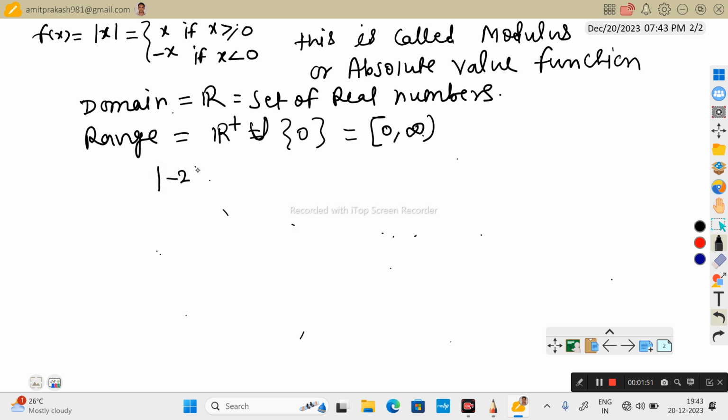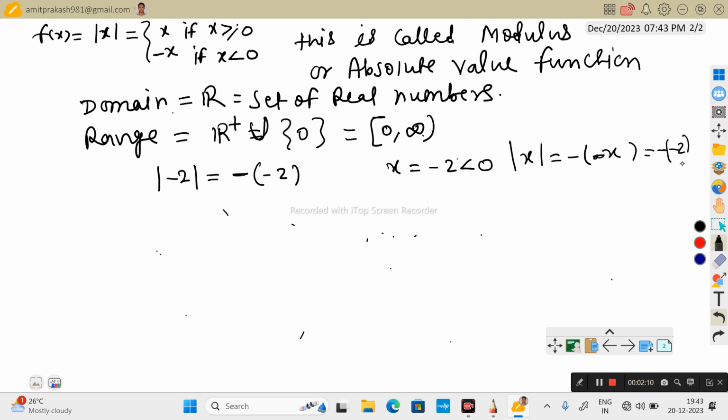For modulus of minus 2, it is equal to minus of minus 2. Why minus of minus 2? Since x equals minus 2 is less than 0, therefore mod of x equals minus of x, that becomes minus of minus 2 equals 2.